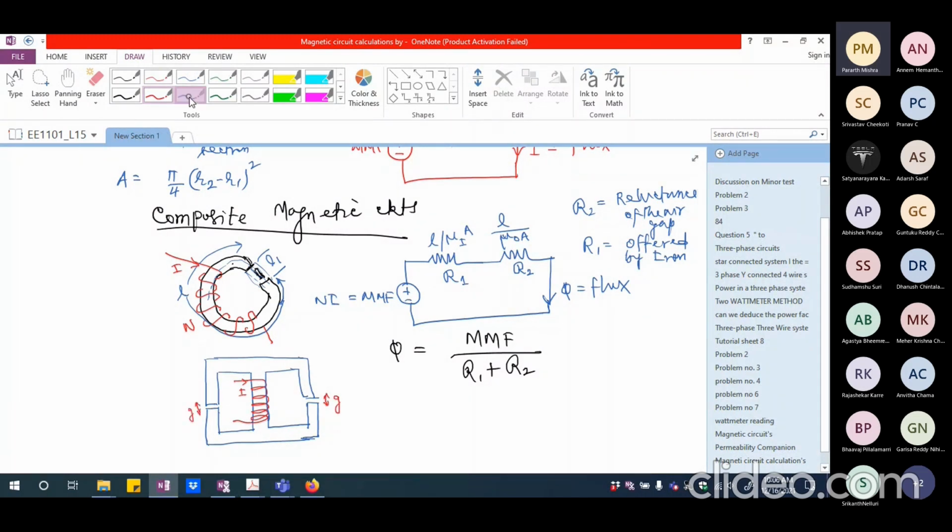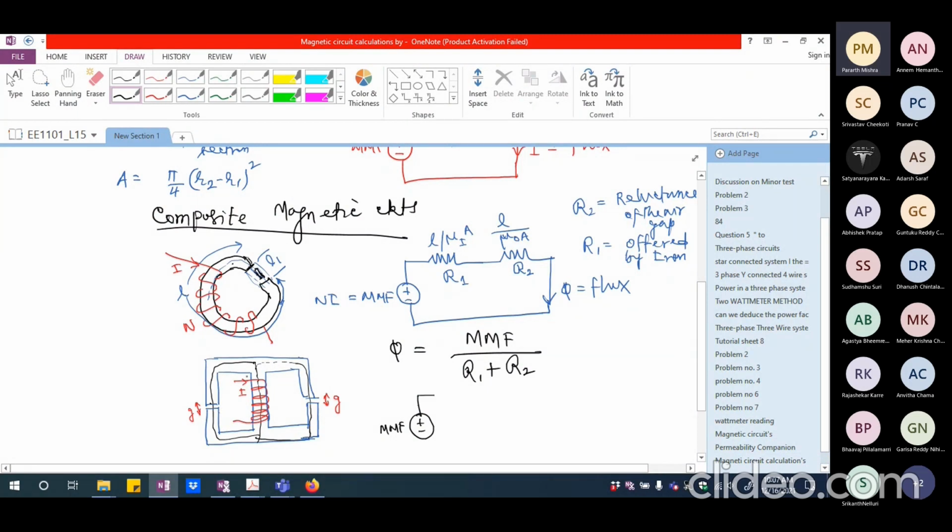Now what is going to happen is, whatever is the magnetic flux created here, it has to flow like this and finish its path. Similarly, this also has to flow like this and complete its path. So I am going to have this as though I am having an MMF here, which is common to both these limbs, and that is in the middle. And I'm going to have one reluctance on this side.